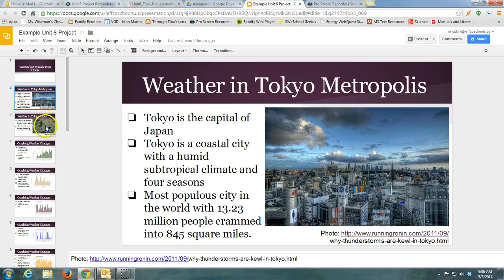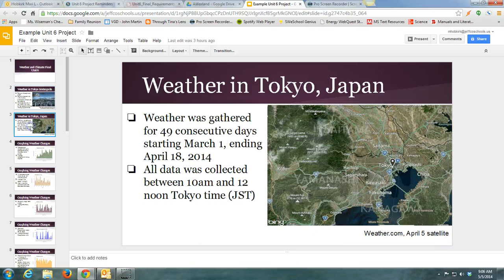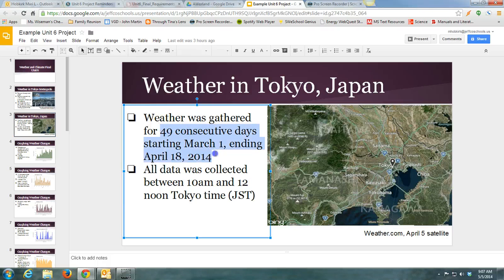You chose Miami. They chose Tokyo. They gave me a little bit of background about Tokyo. That was an extra thing that they earned some extra for on their project. Then they talked about how many days they gathered data. Well, you didn't gather data for 49 days because we had to redo yours. So how many days did you collect data? And then what time did you collect your data?